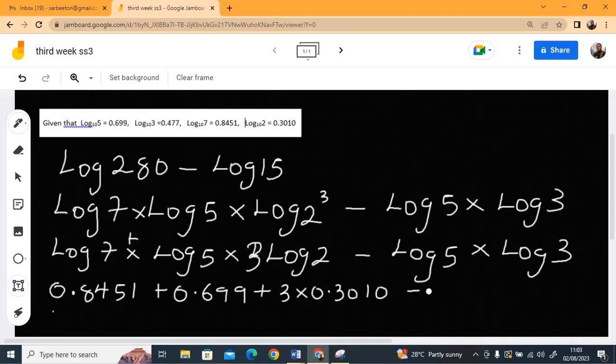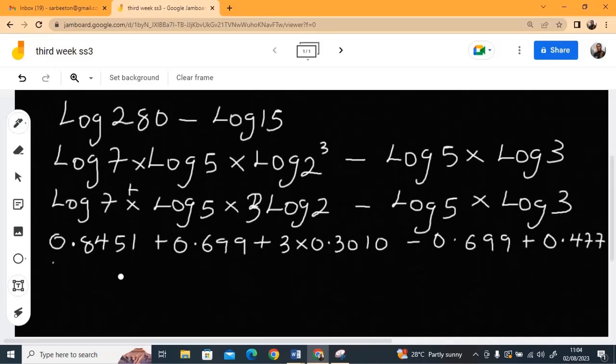Then you have minus there. Log 5 is 0.699, and the sign is plus. You write plus. Log 3 is 0.477.